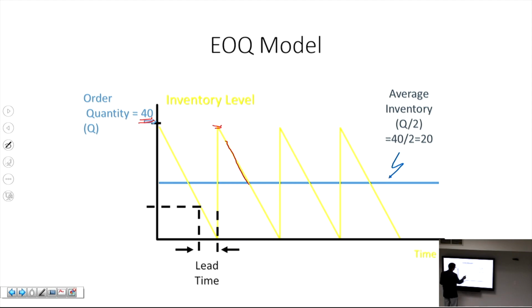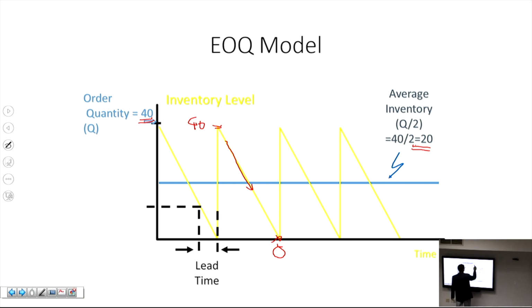So your inventory levels fall and eventually you hit zero. So at times you have as many as 40 units on hand, and there are times when you don't have anything on hand. So on average, what is the level of inventories you got? On average, your inventory levels then are 20 units, okay?